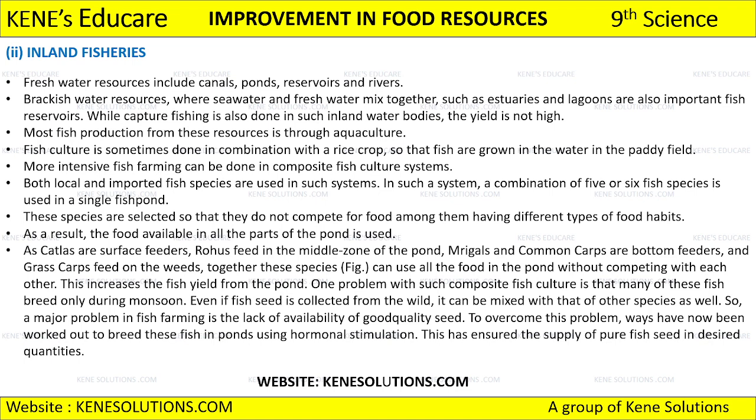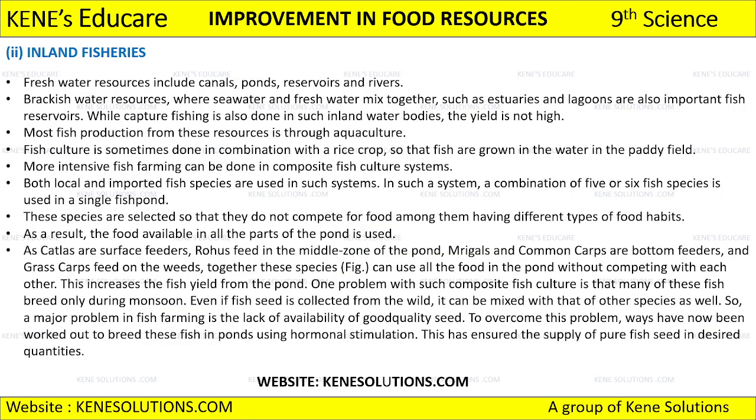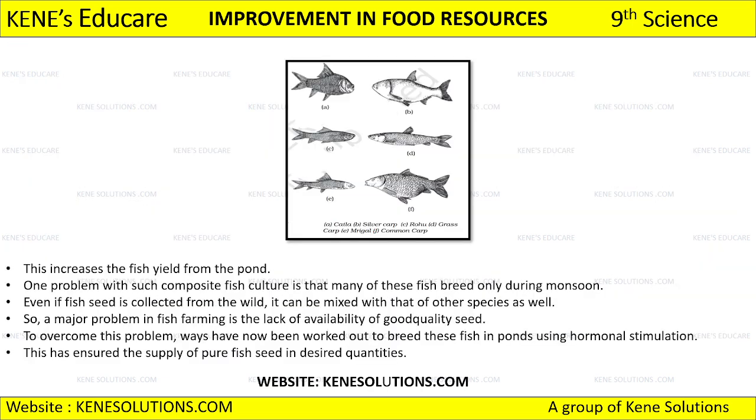Because hormonal stimulation has been done, an increase in fish production can be seen in the ponds. One problem with composite fish culture is that many of these fish breed only during monsoon.